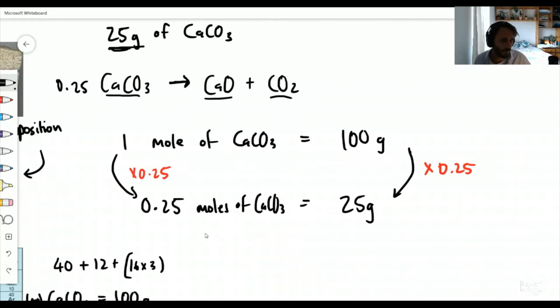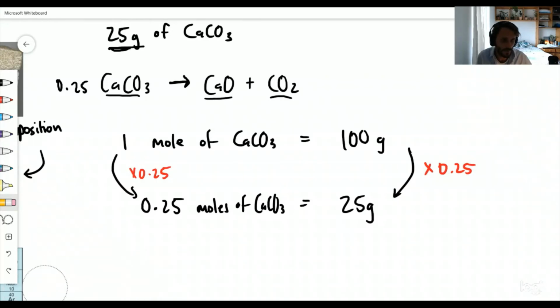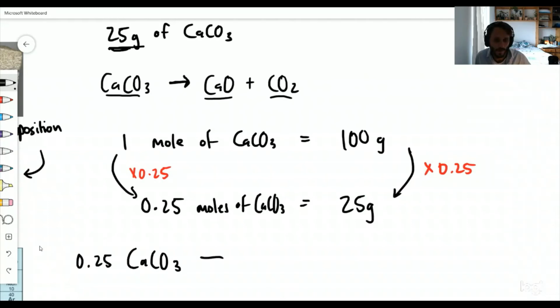Now here is the trick with equations. The trick with equations is to look back at the original equation. So what do we have now? Let's look at the original equation and write a new equation below. We've got 0.25 moles of calcium carbonate. If we thermally decompose this, if we heat this up, how many moles of calcium oxide are we going to produce, and how many moles of carbon dioxide?